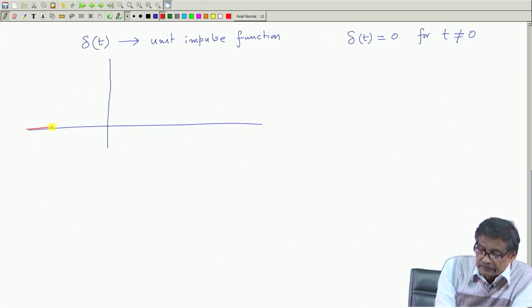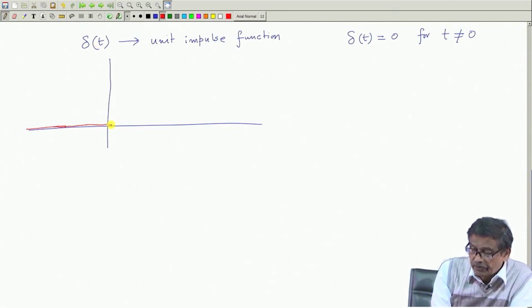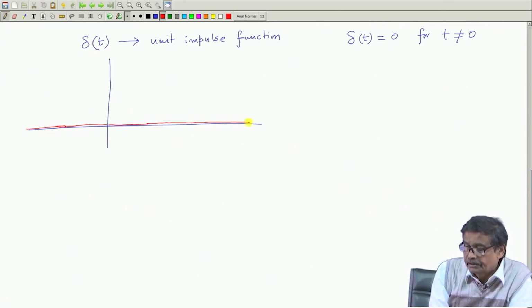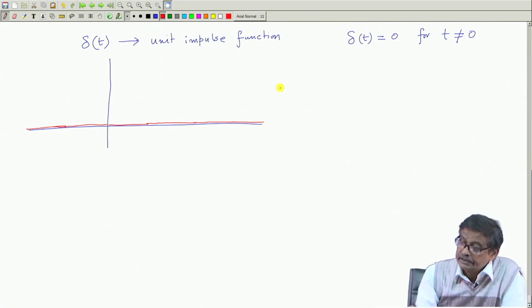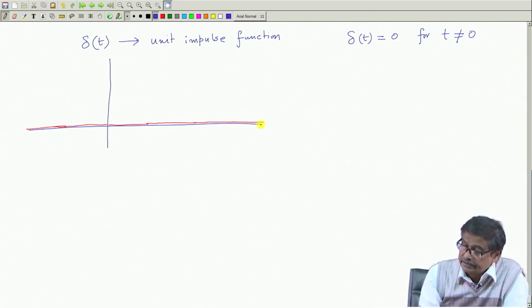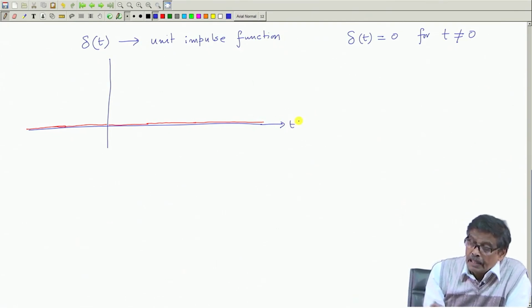Suppose the red one I am using for sketching delta(t), it will be 0 for t less than 0 to minus infinity and t greater than 0 to infinity. This will be all zeros. This axis is the time axis, but at t equal to 0 something happens.